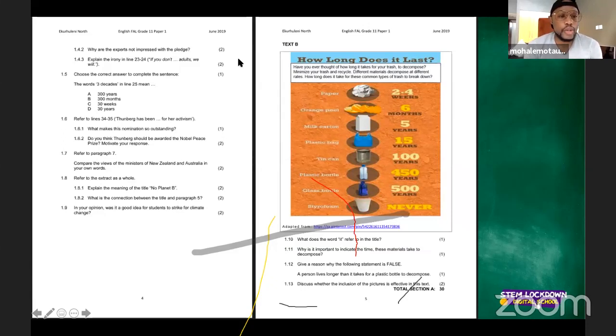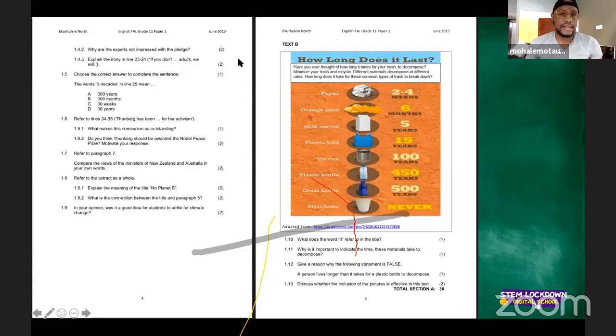Then 1.6.2 says, do you think Thunberg should be awarded the Nobel Peace Prize? Motivate your answer. Now, you can see there that there's 2 questions in 1 question. First, you give me your yes or your no, and then you motivate your response. So, for example, if you're going to say yes, you think that she should be awarded the Nobel Peace Prize, then tell me why.